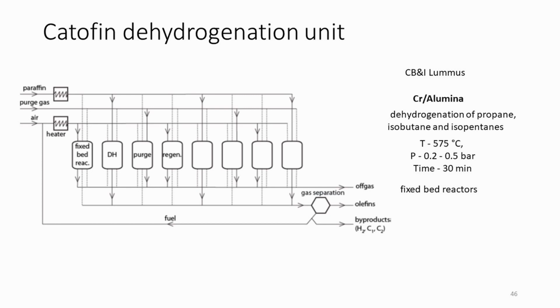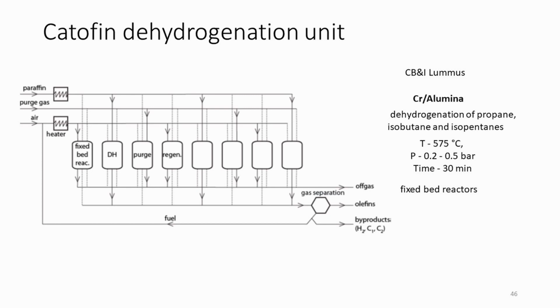Each reactor alternates between dehydrogenation, regeneration, and a purge step, each lasting a few minutes, with approximately 15–30 minutes needed for one full cycle.